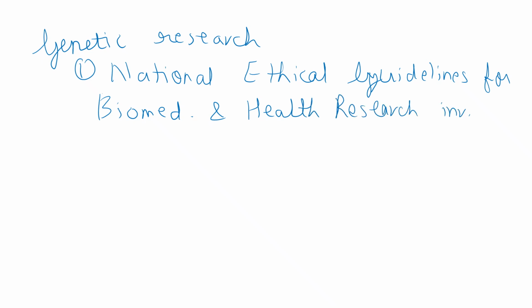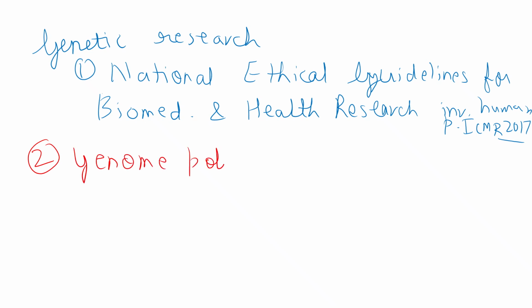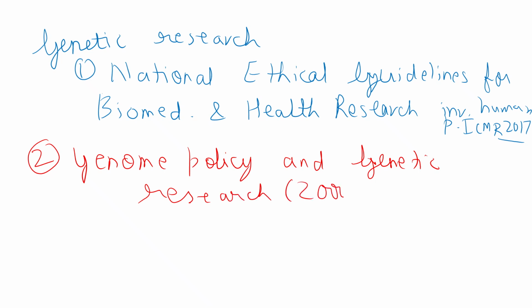This was formulated by the ICMR in the year 2017, that is 8 years back. The second one which you need to remember is the Genome Policy and genetic research. This was formulated in 2000. These two are important in genetic research. Bye.